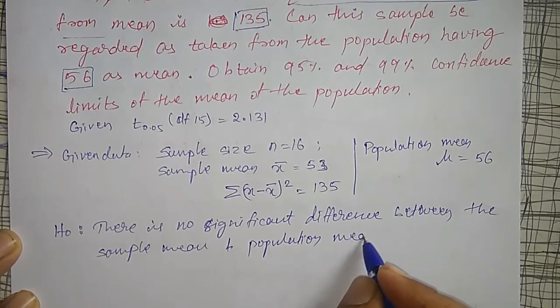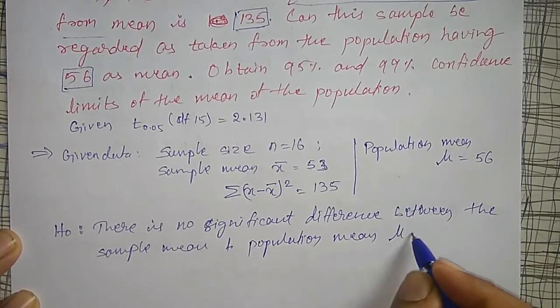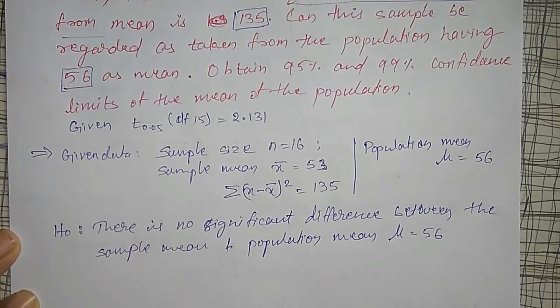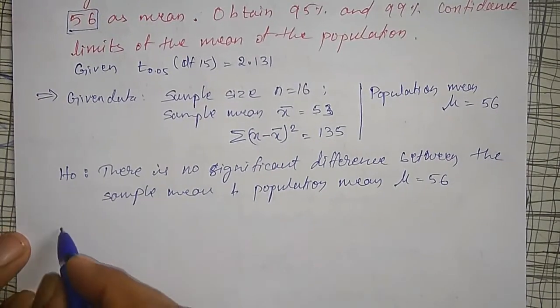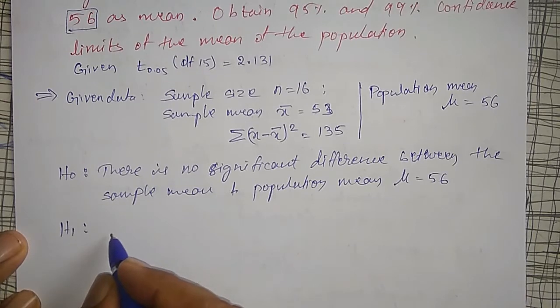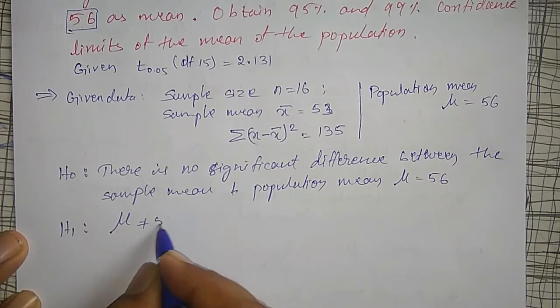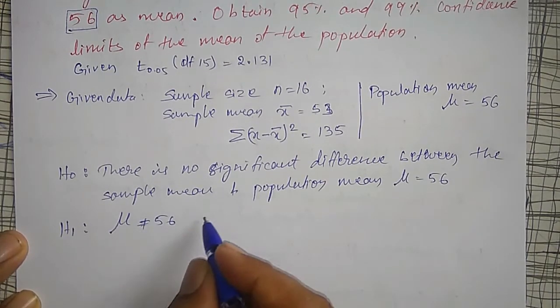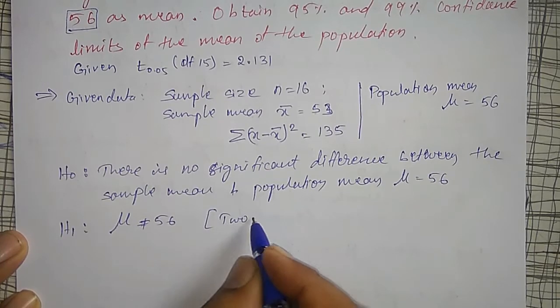Population mean mu is equal to 56. Therefore, the alternate hypothesis is there is a significant difference, that is mu is not equal to 56. That is a two-tailed test again.